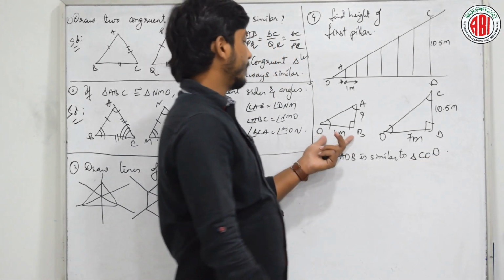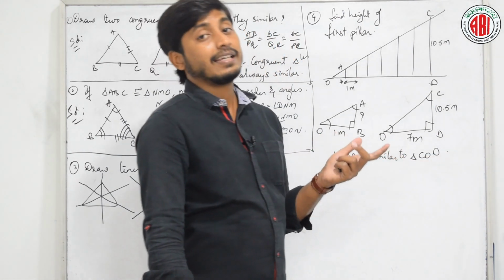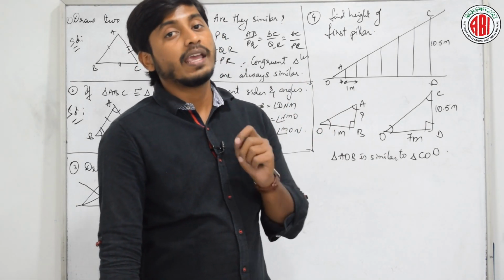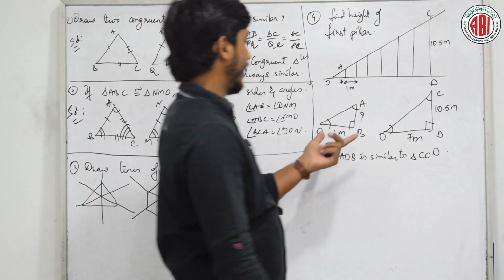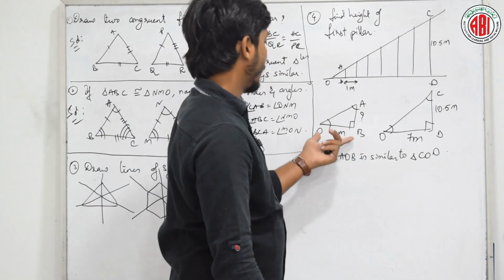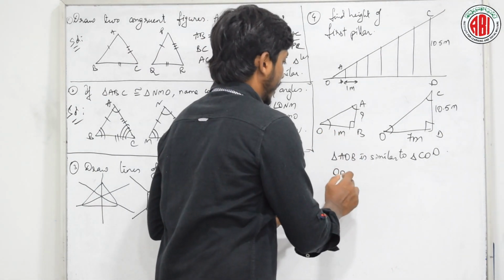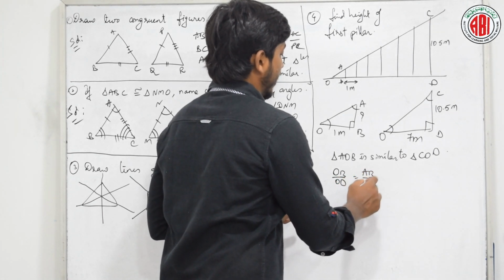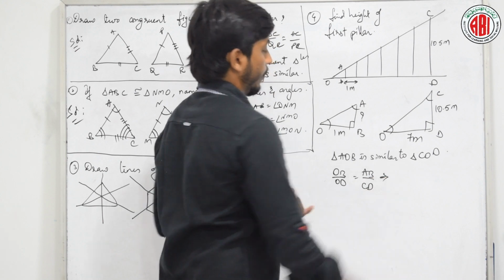What is the second condition? The ratio of the corresponding sides should be equal. Then OB by OD is equal to AB by CD.